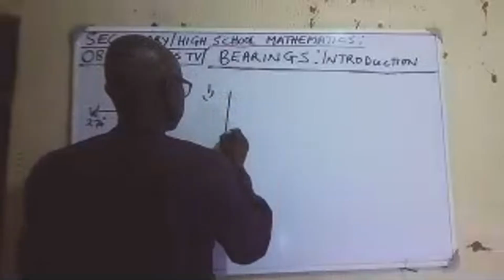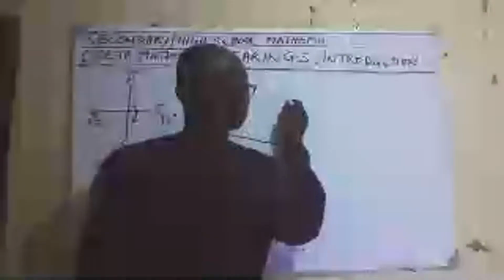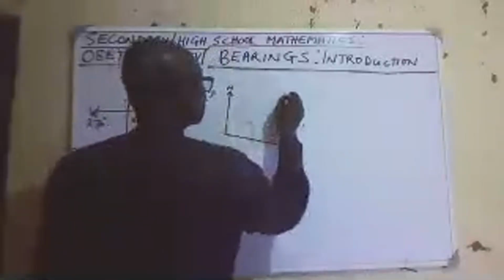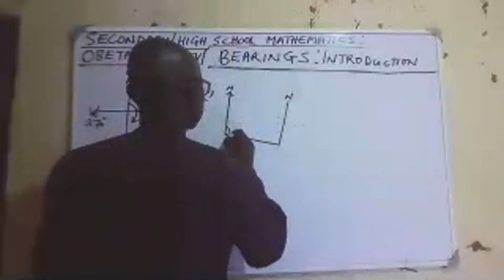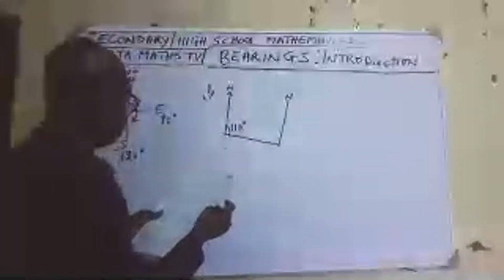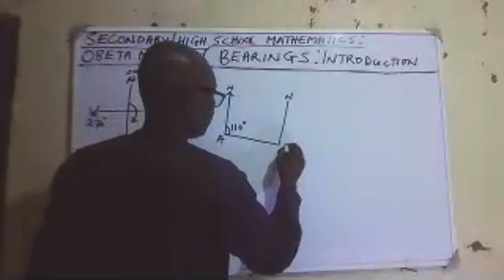We have this. So this is 110 degrees. Let this be our A, and this is B.